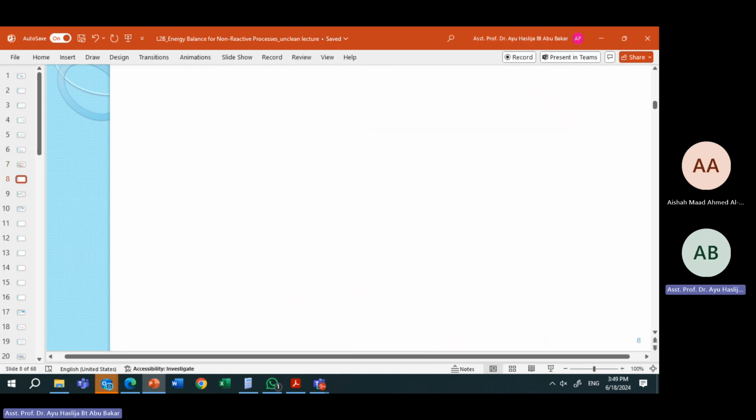Now we go step by step. It is in the solution, but I want you to understand step by step how to do it. Now, first thing, the material balance.